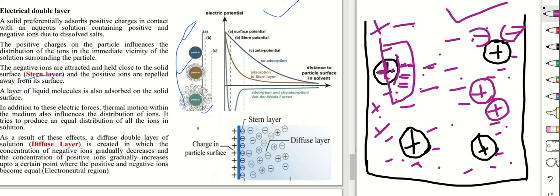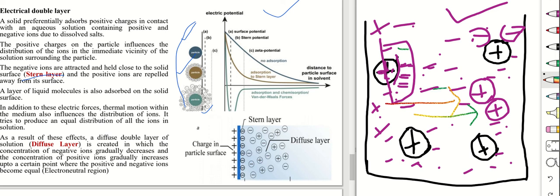Because of the thermal motion within the medium, this also influences the distribution of all these ions. As a result of all these movements, as we move forward, here there would be a strong, tightly bound layer of negative ions.